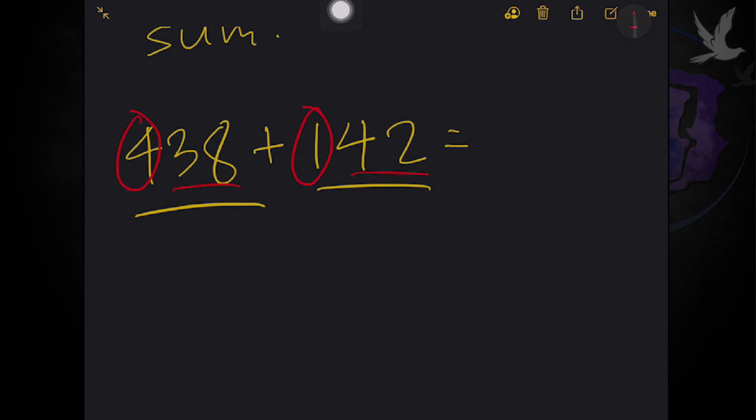Assuming that you have already mastered the process of rounding off, 438 will become 440, while 142 will become 140. So all you have to do now is to add everything, which will give you 580.